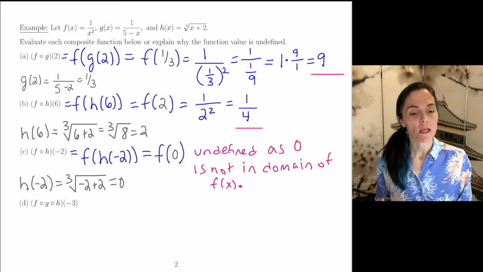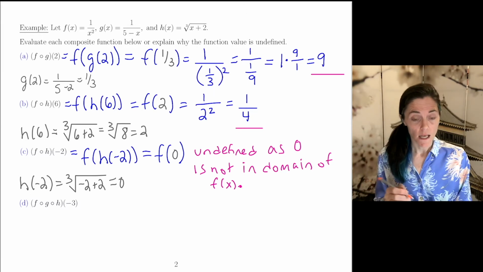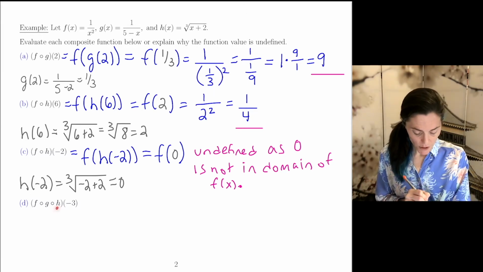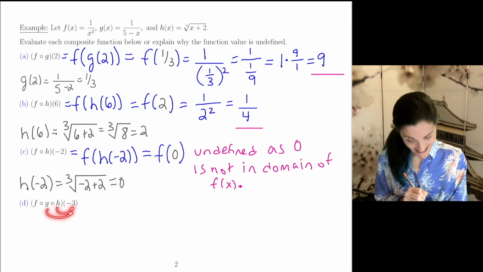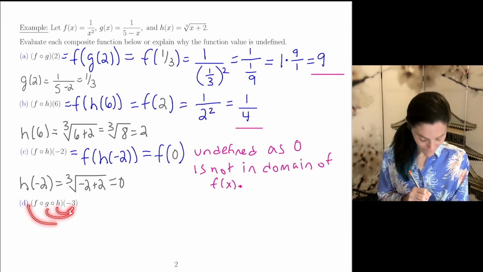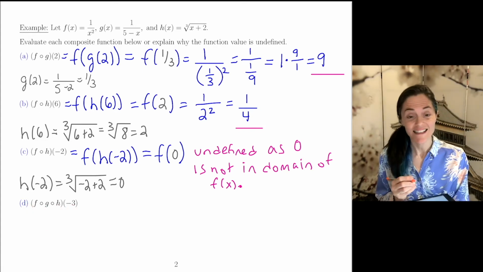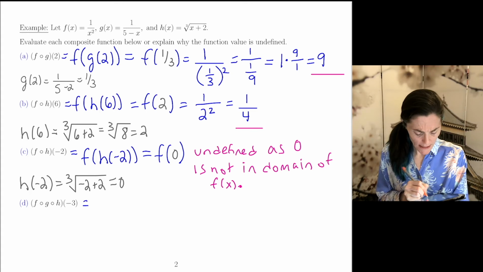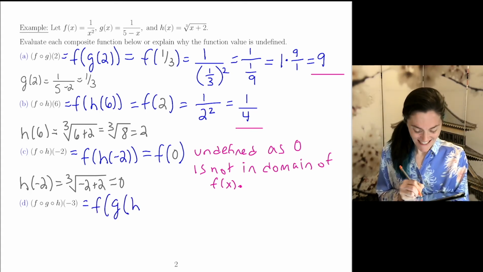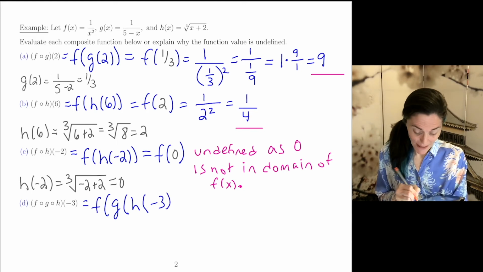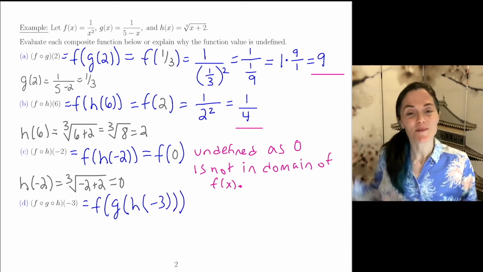Letter D. Here we have 3 functions. So what does this mean? First, you do h of minus 3, and then g of h of minus 3, and then f of that. So this will be exciting. Maybe I will write that. This is f of g of h of minus 3. Now make sure I close all of my parentheses.